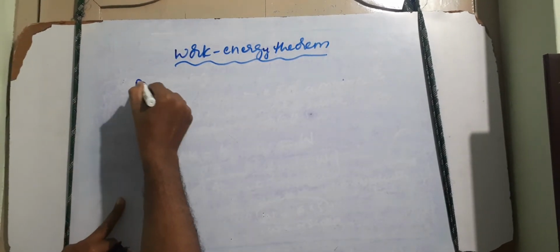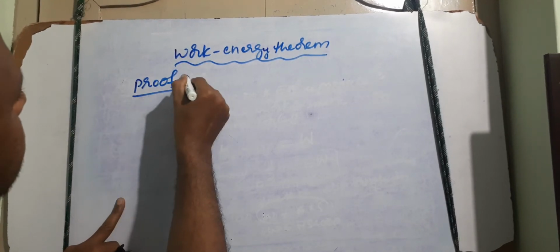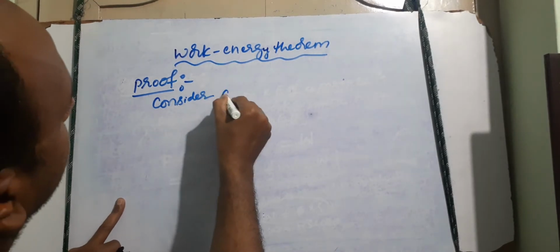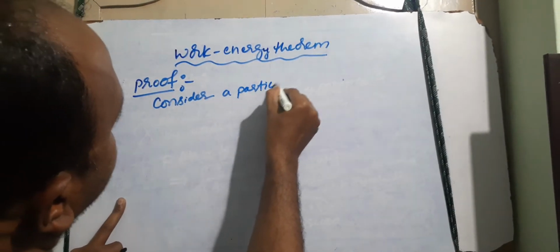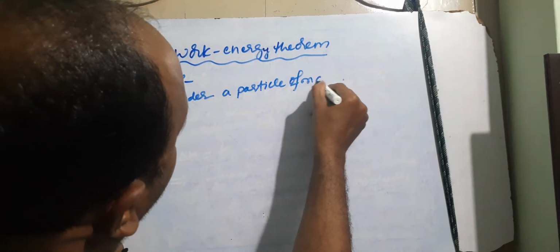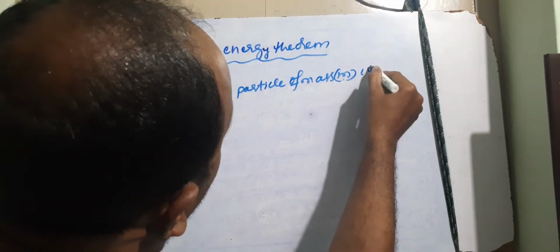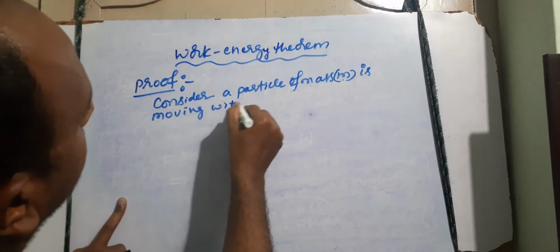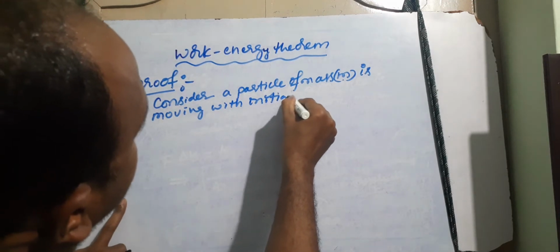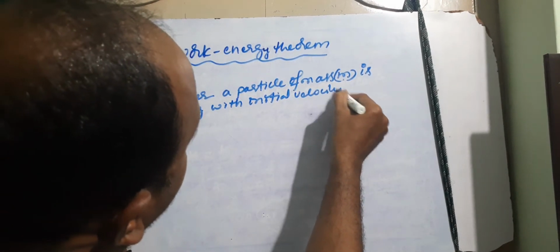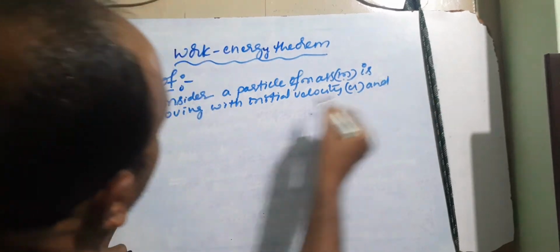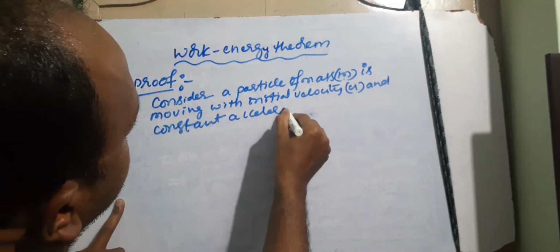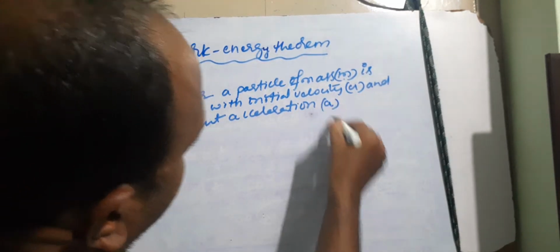Proof. So consider a particle of mass m moving with initial velocity u and constant acceleration a.